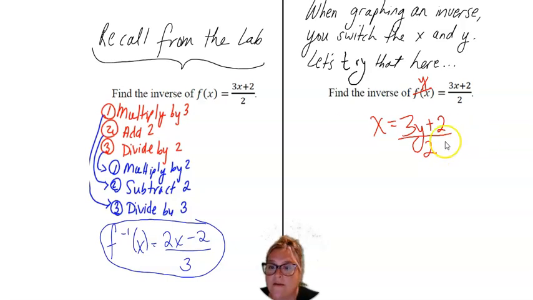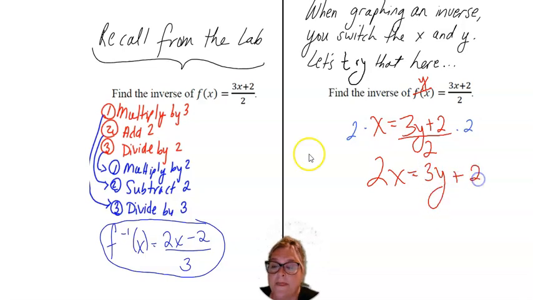To get the y by itself, we first have to multiply both sides by 2. So now we have 2x is equal to 3y plus 2. Then we'll do the minus 2 from both sides to get the constant away from the y.